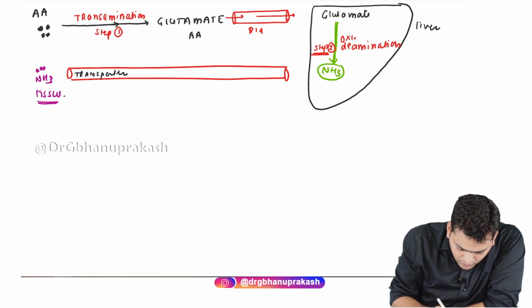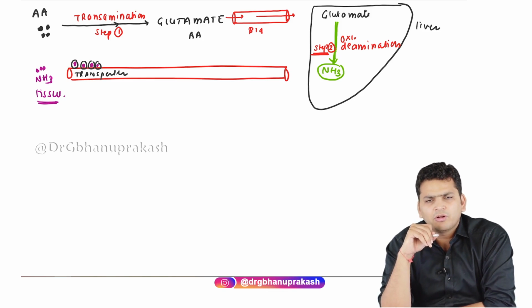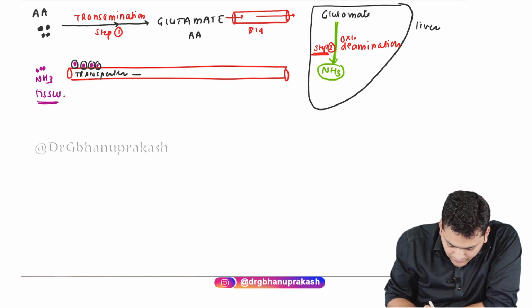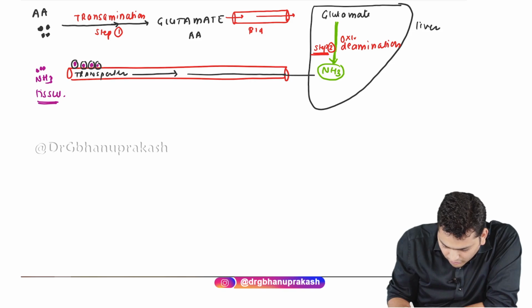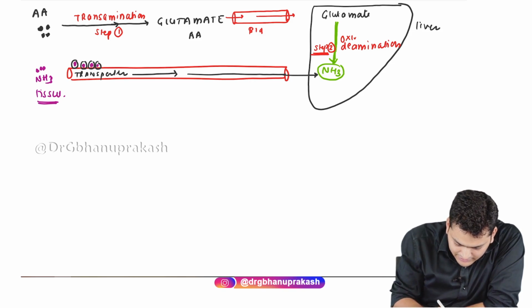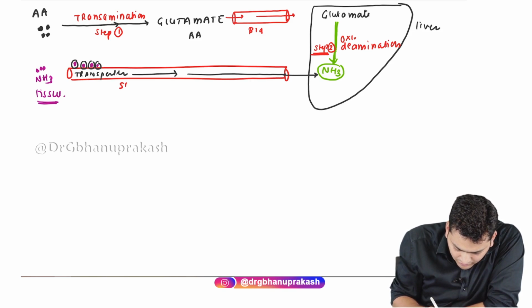The ammonia molecules will be packed via these special transporters in such a way that the ammonia will not remain toxic. Via these various transporters, the ammonia molecules will reach all the way to the liver, right?